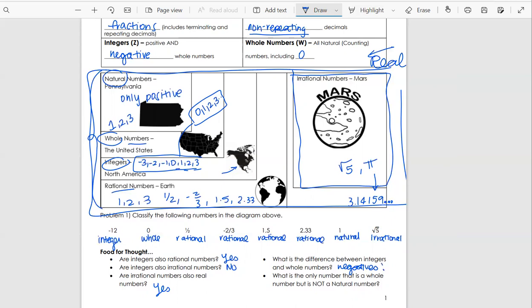And what is the only number that is a whole number but is not a natural number? Again, guys, check out our list. Here are the natural numbers. Here are our whole numbers. What's the only number that's different in those lists? It's 0. Okay, little review on how to classify numbers. Now we can dive into section 6.1.